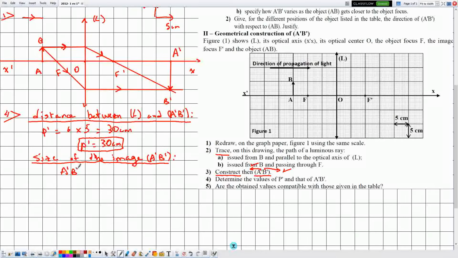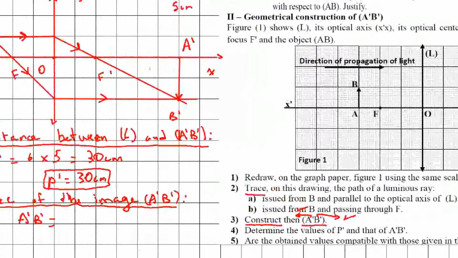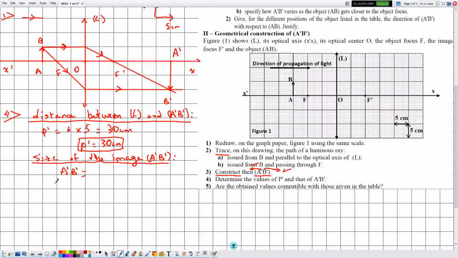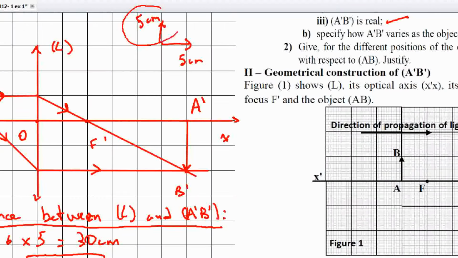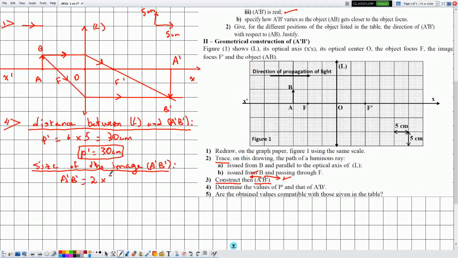A prime B prime consists of 1, 2, and we multiply by the scale along which we have counted the number of divisions, which is the scale along the y-axis. This will give me 10 centimeter. The unit of A prime B prime is centimeter.